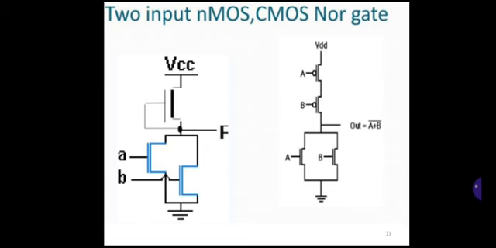Then for CMOS logic, Y is equal to A plus B whole bar is implemented such that the N transistors are connected in parallel, whereas the P transistors are connected in series.